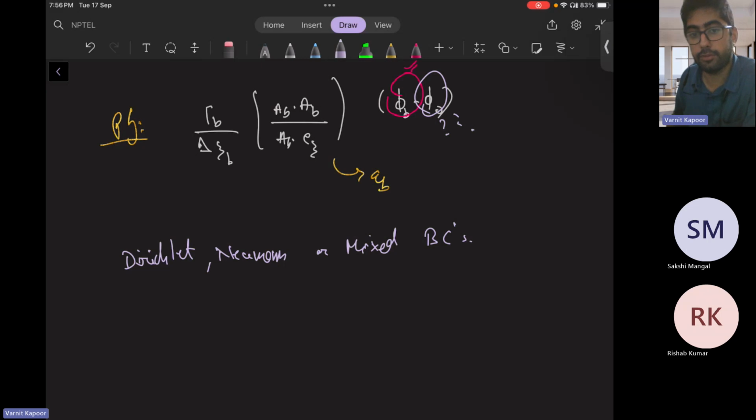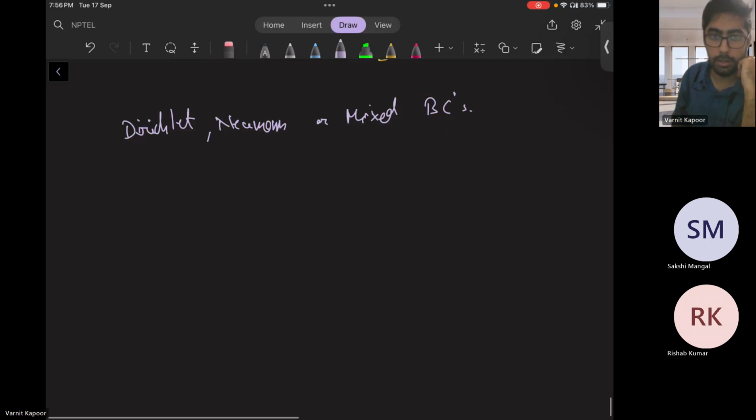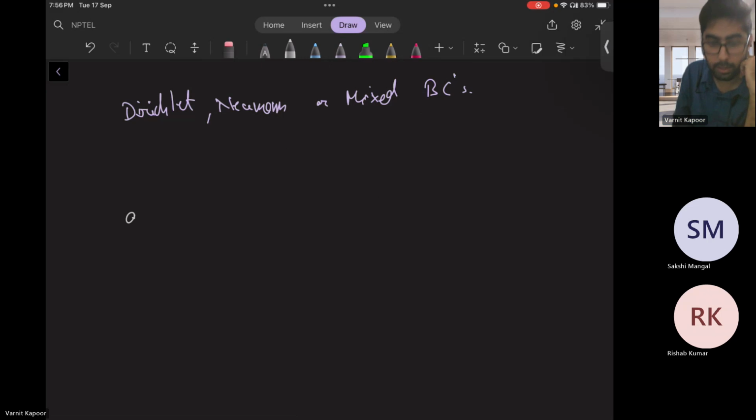And again, you can have a source or no source depending on what kind of situation you're dealing with. So if you are dealing here with the absence of source, let me write the equation. Your equation is AP phi naught is equal to summation of Anb phi nb plus b.